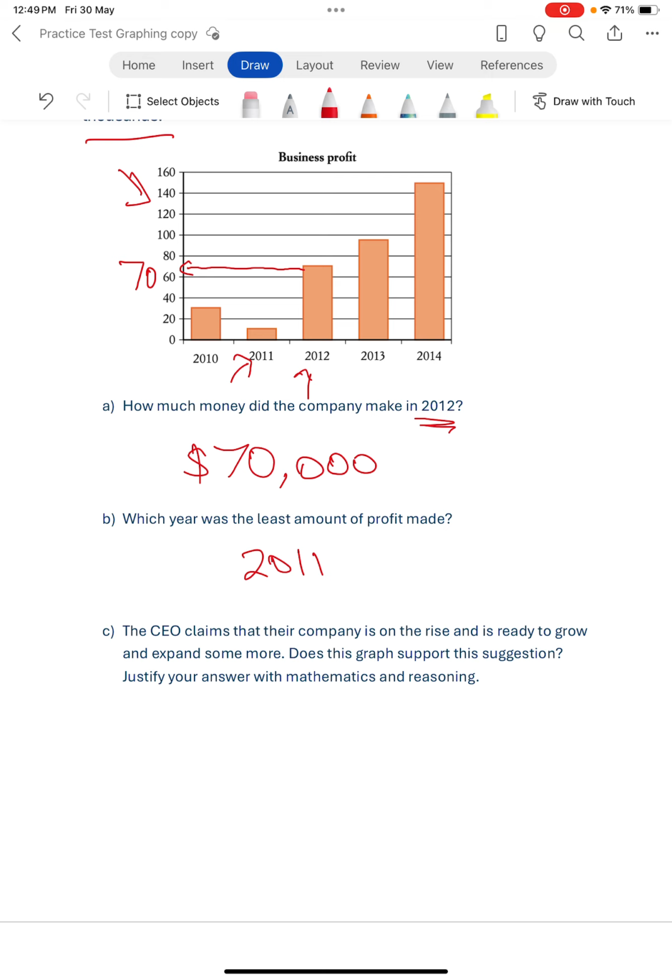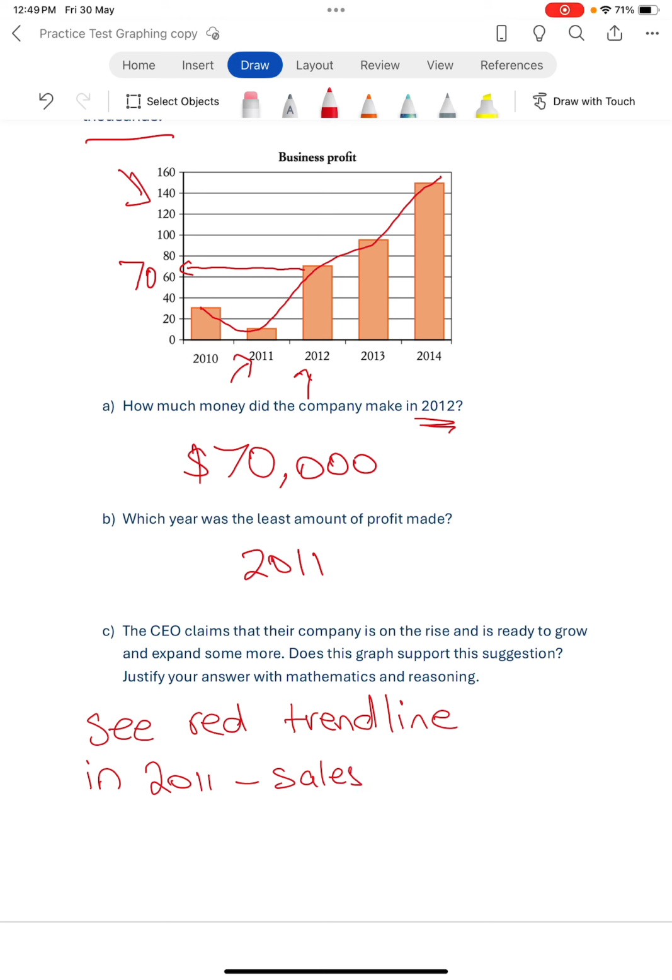So one thing I might do is show this trend line here. So if I say, C red trend line, in 2011, sales were about $10,000.